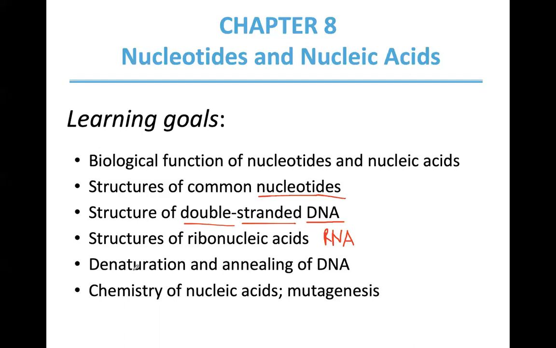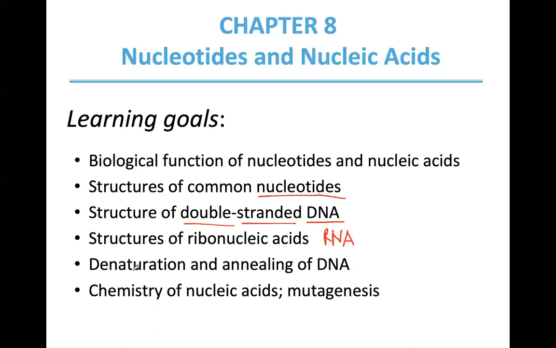Whenever a cell divides, for example, when the genetic information needs to be read by the DNA replication machinery, right? When the two daughter cells are formed from a mother cell, and the DNA has to be copied, right? So the two strands have to be separated.